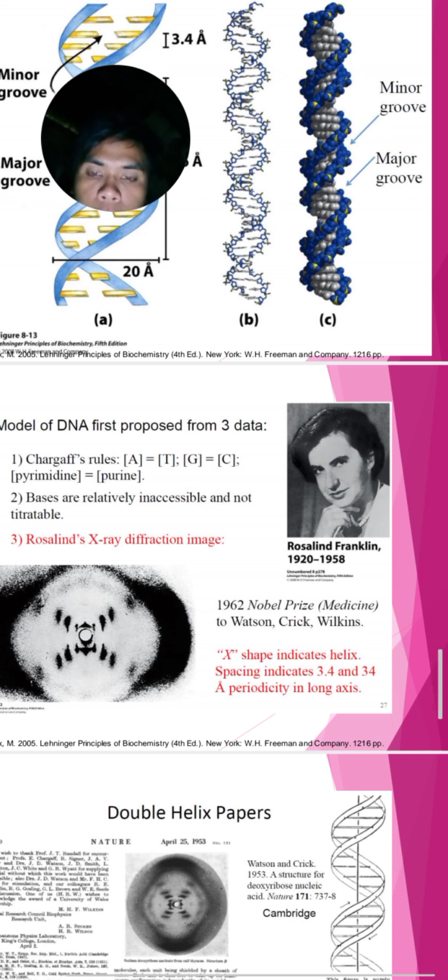The X shape here indicates the helix, with spacing of 3.4 and 34 Å periodicity along the long axis.